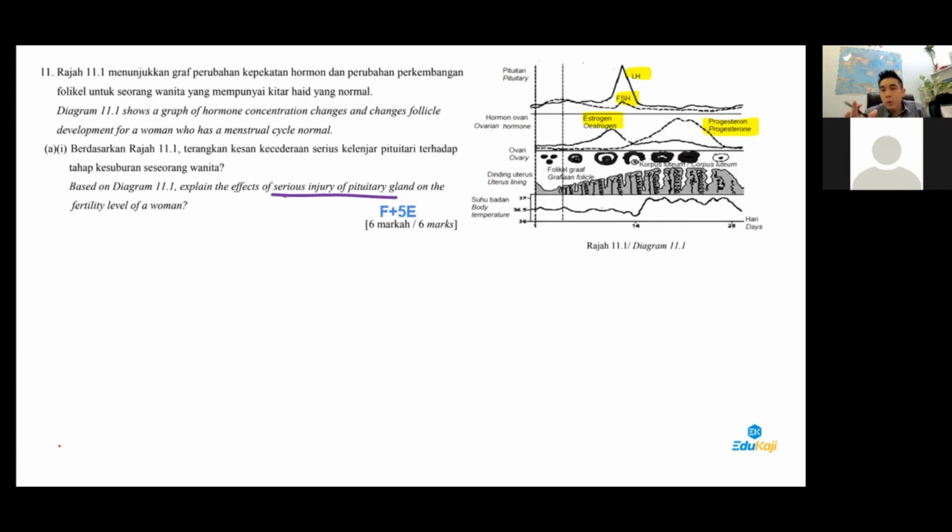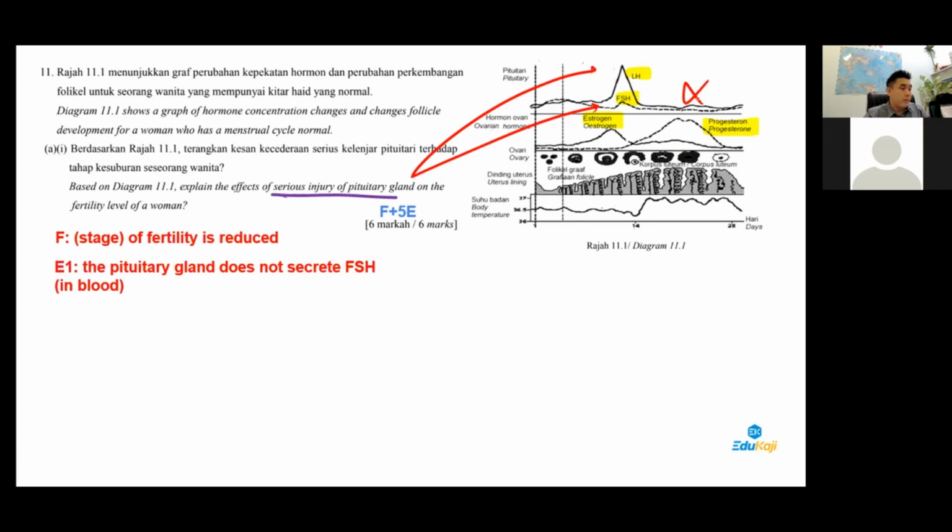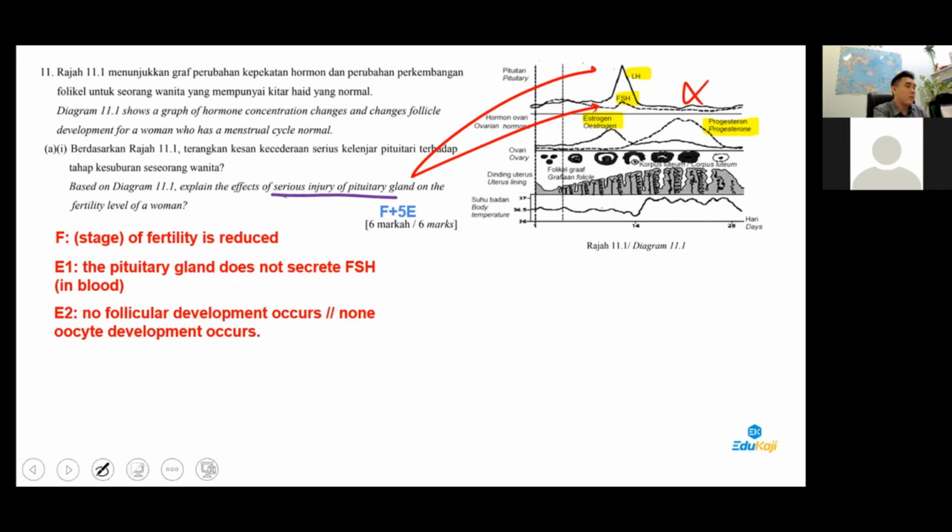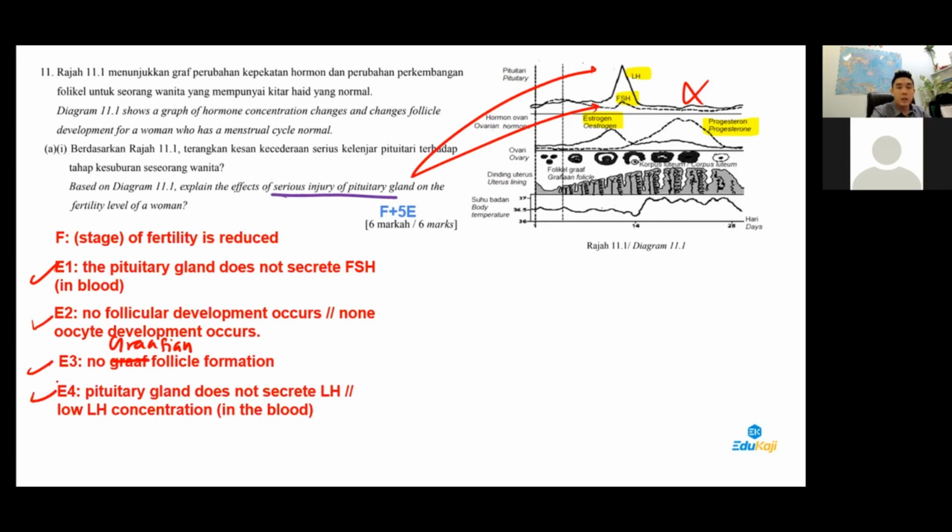So you must be able to identify that the pituitary gland releases FSH and LH. Therefore, the functions cannot be carried out. Cannot secrete FSH. Follicles cannot develop. Graafian follicle cannot be formed. No LH, guys, no LH or low LH, no ovulation, because LH is what causes ovulation.